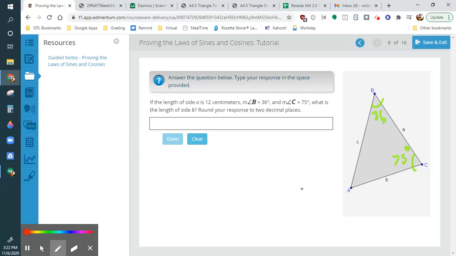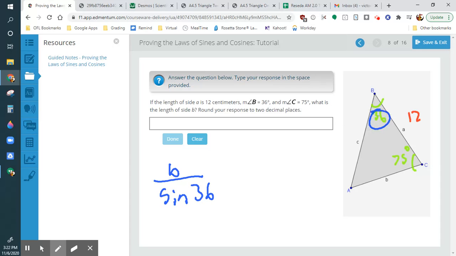I didn't mention that, but the side little a is 12 centimeters. So when we're writing this, if we're solving for b, we want little b to be on top. It's always easier to have what you want on top here. Then sine of 36, which is what we got over here. I don't know if you guys can see that. It's a little hard for me to see. I should have picked a better color. And that's going to be 12 over sine of 75.